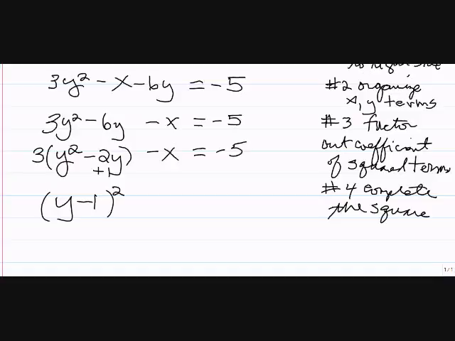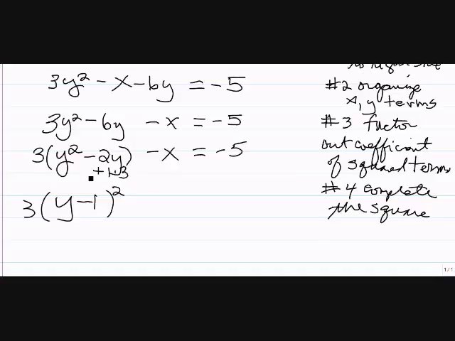Yeah, you always divide it by 2. I'm going to do it 4 times today. Now, y minus 1 squared is y squared minus 2y plus 1. Multiply that by that 3. Don't lose the 3.